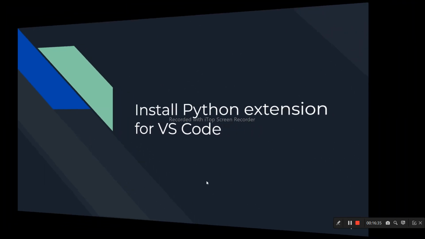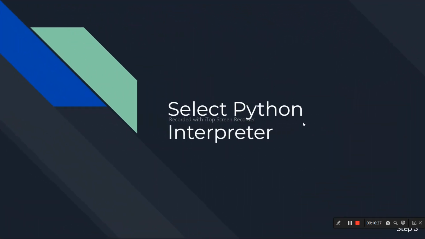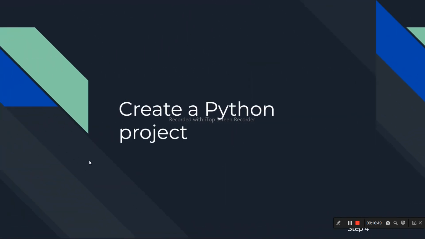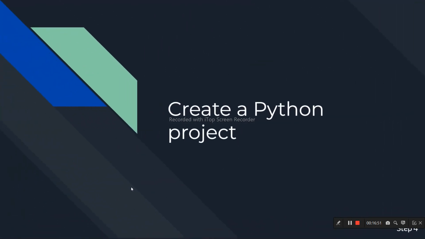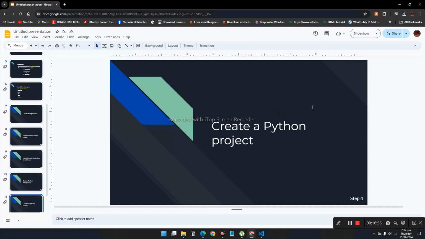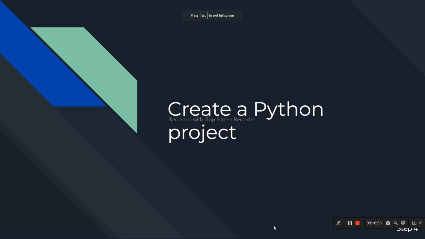For you to do that, go to the extensions available in VS Code and search for Python interpreter. You'll see it there, and basically click to install it. Then you can create a Python project and start coding. So let me just demonstrate how all that is done.